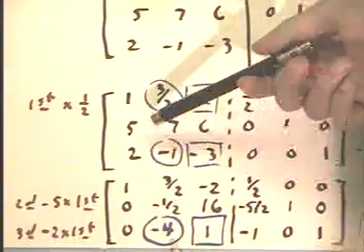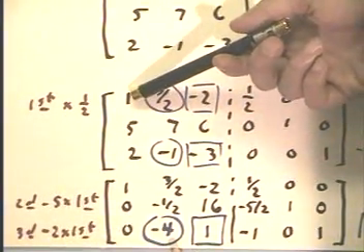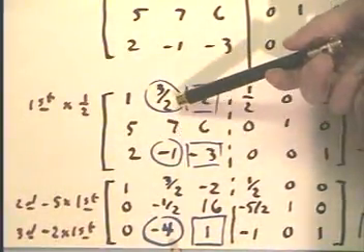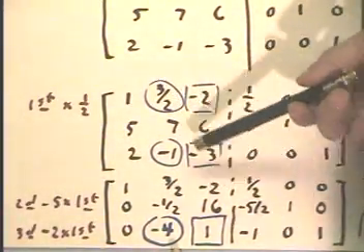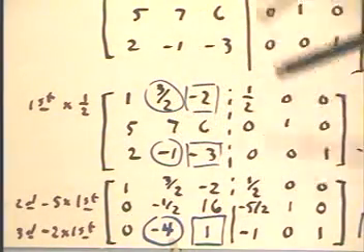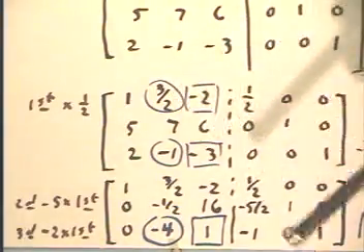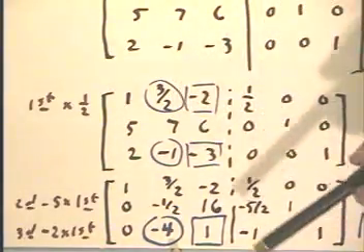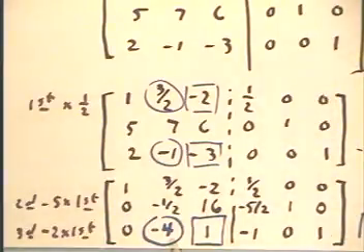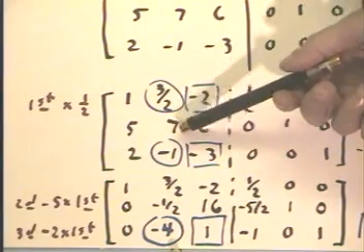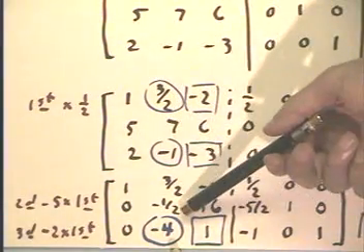Okay, that's 5 minus 5 times the 1, which is 5 minus 5, which is 0. Then 7 minus 5 times the 3/2. Well, that's a fraction, and we have to do a little bit of arithmetic to do that. But 7 minus 15/2. 5 times 3/2 is 15/2. 14/2 minus 15/2 is negative 1/2.